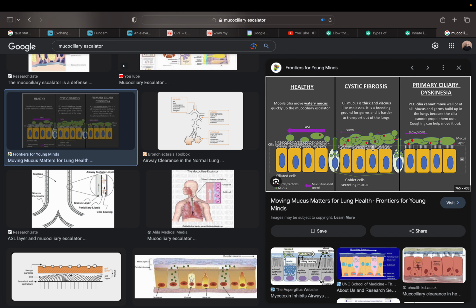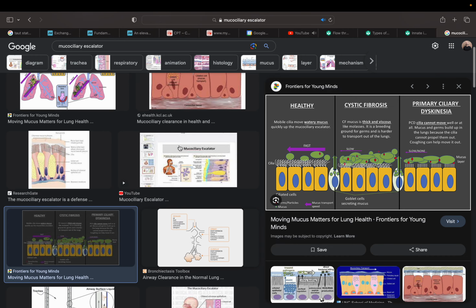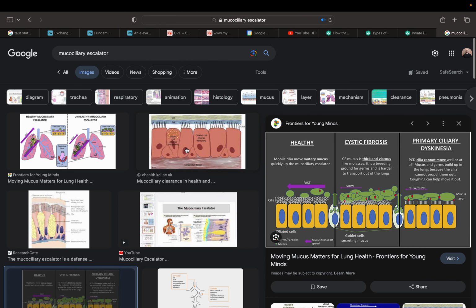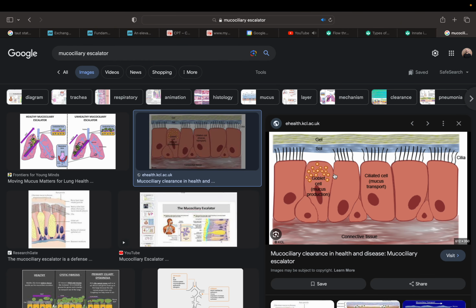The mucus transport is slow in primary ciliary dyskinesia, PCD. The cilia cannot move well or at all, and mucus and germs build up in the lungs because the cilia cannot propel them out. Coughing can help move it out. So this is what happens with the mucociliary escalator.